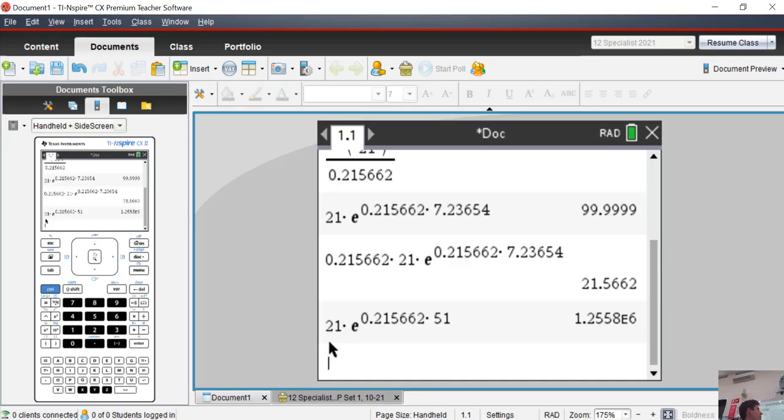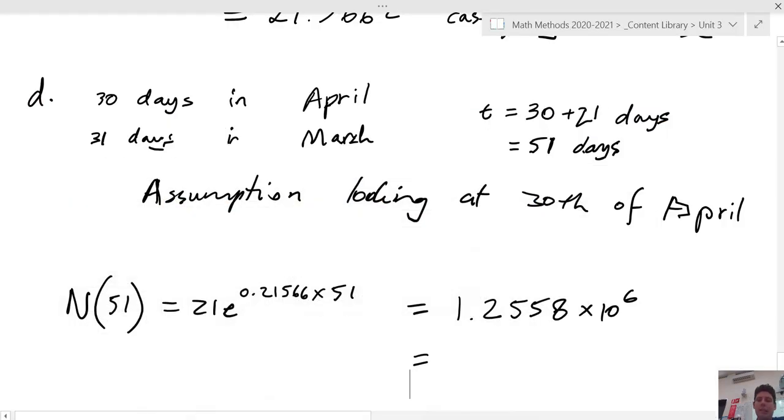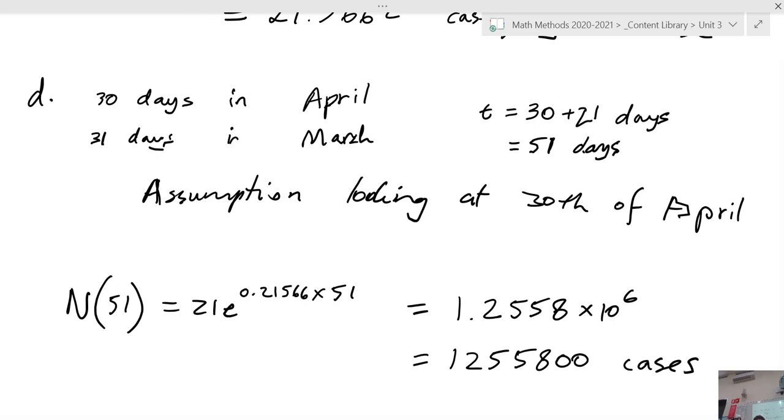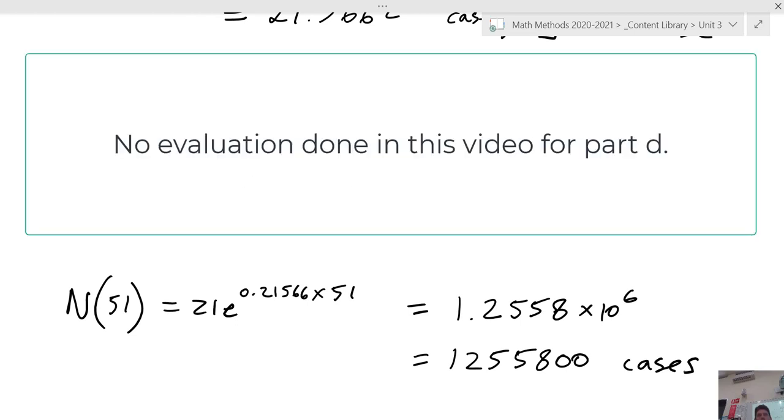So that calc tells us E6, which is 10 to the power of 6. So aren't you lucky we didn't continue exponentially? Or aren't you grateful? So there you go. Real life exponential modeling. Okay?